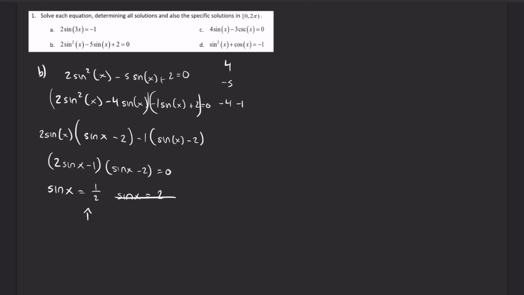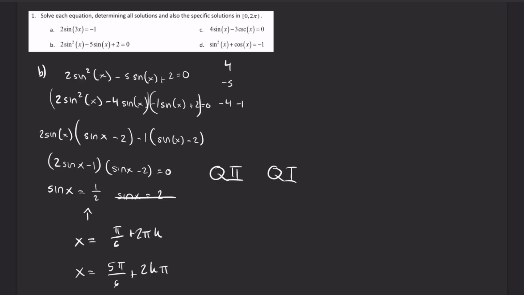So where is sine 1/2, positive 1/2? Well, sine 1/2 is positive both in the second quadrant and in the first quadrant. So our answer will be x equals pi over 6 plus 2k pi, and x equals 5 pi over 6 plus 2k pi.